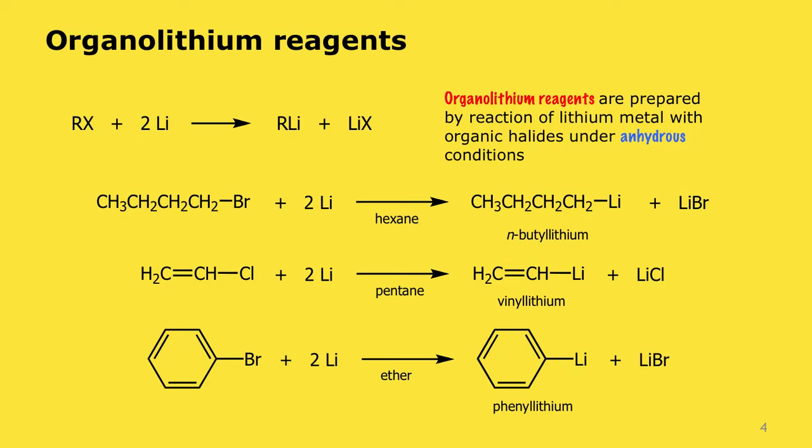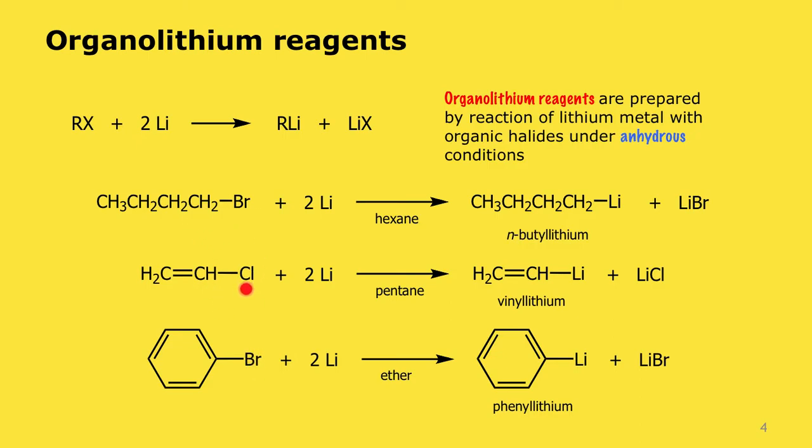Organolithium compounds are similar to the organomagnesium compounds. Lithium, of course, is an alkali metal, not an alkaline earth metal, and that is what results in the slightly different stoichiometry. So if you look here, the stoichiometry is such that an alkyl halide reacts with 2 moles of lithium to produce the organolithium compound, and there is a byproduct of a lithium halide salt. And again, you can see there's quite a range of compounds.